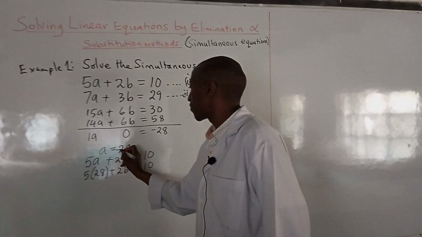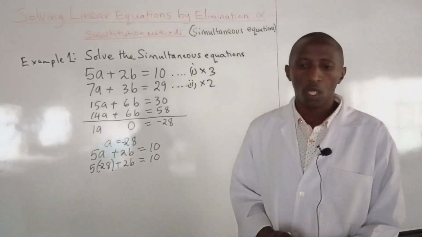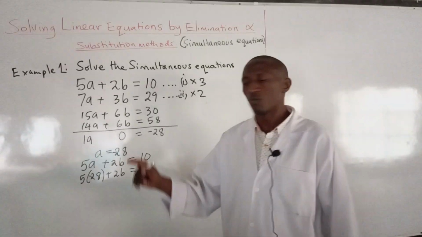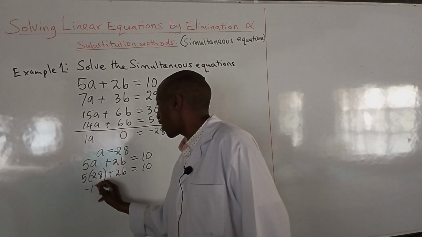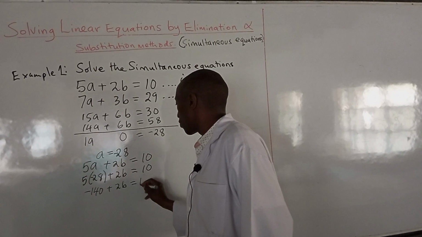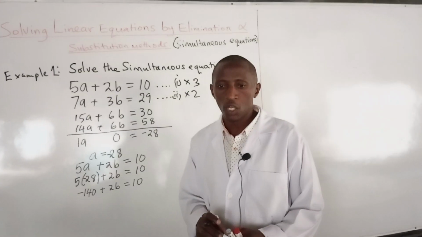So what does that come to? On your calculator, if you have one, or you do the multiplication, 5 times negative 28 gives you negative 140 plus 2b, that gives you 10. We are using the first equation.